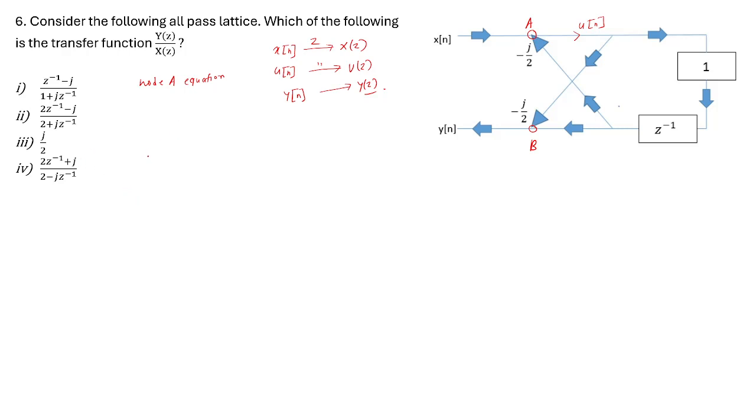So you can see that X(z) gets added to this version of U(z), which goes through this unit block and z inverse and is multiplied by minus z minus 2, therefore minus z minus 2 times z inverse U(z), and they sum up to obtain U(z).